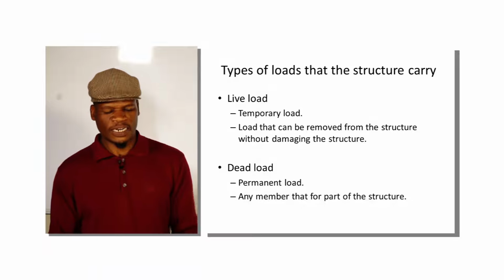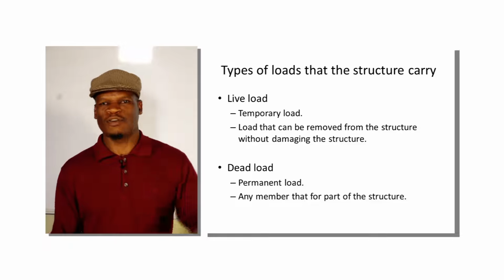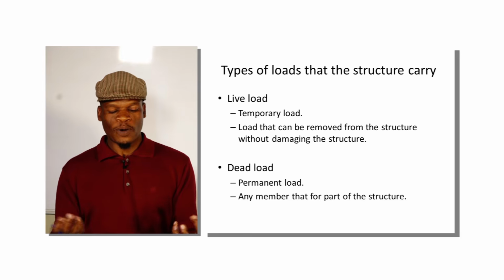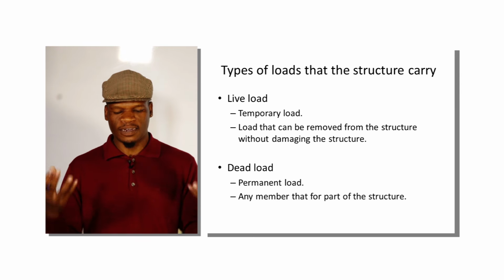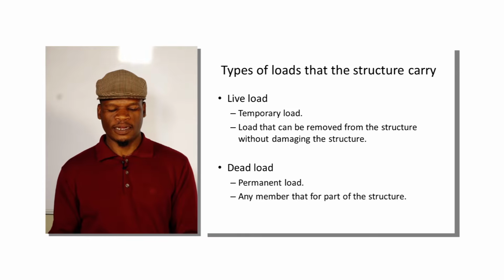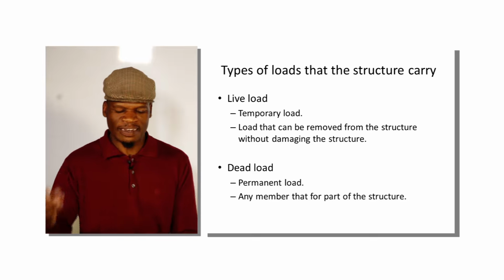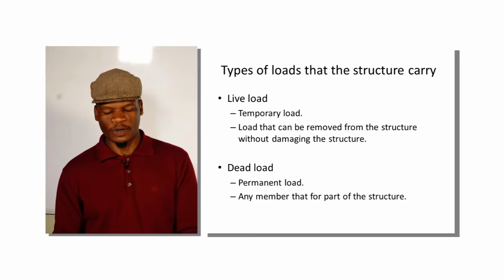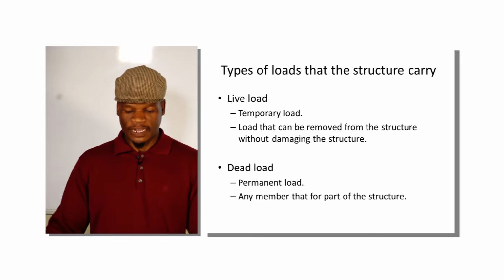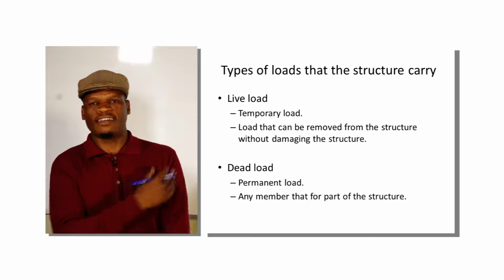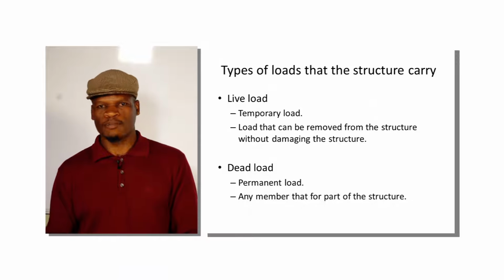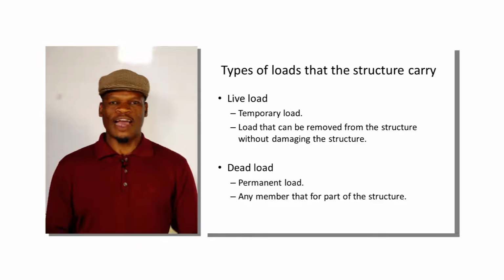In terms of construction, the rain, the wind, the storms, they don't remain on the structure. They come and disappear. When we talk about the dead load, it's the permanent structures. That means if that member is taken out of the building, the structure is going to collapse or be affected. For example, if I said I don't want to use this left arm today because I can only use my right arm to write, I cannot leave this arm at home.